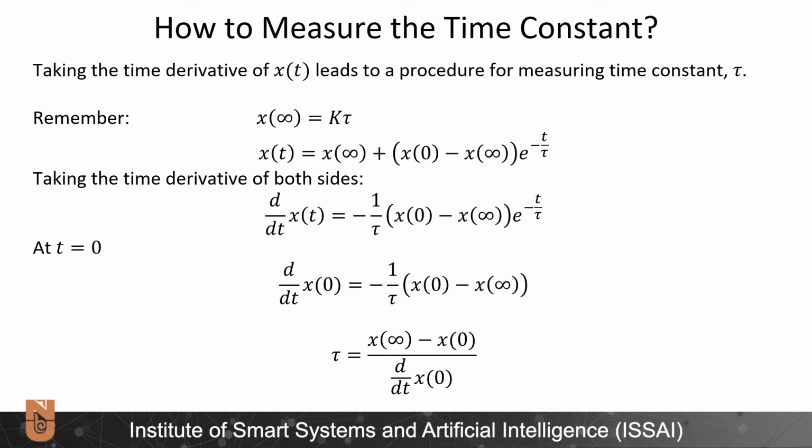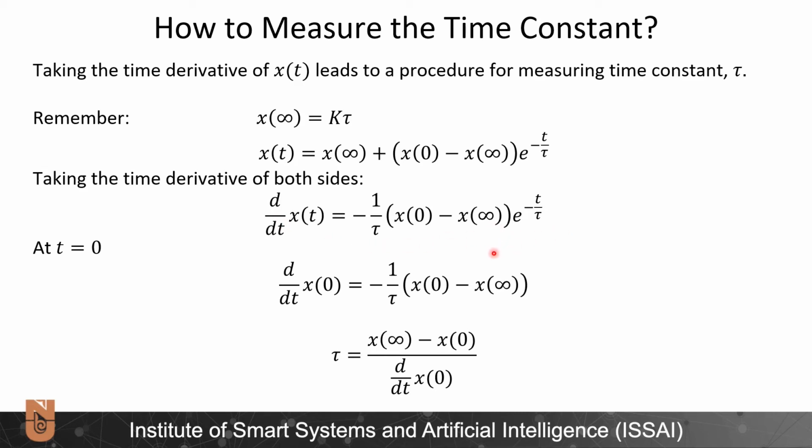How? Remember, x infinity will be equal to K times tau, and x(t) is equal to x infinity plus this term. If I take the derivative of both sides, I end up with d over dt x(t) is equal to this expression here.